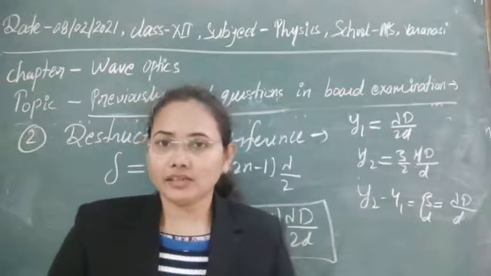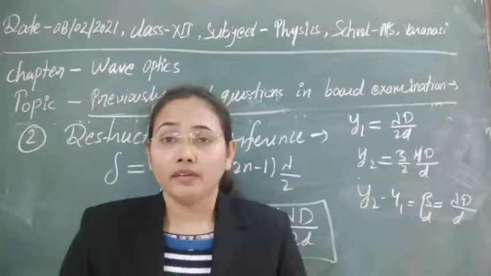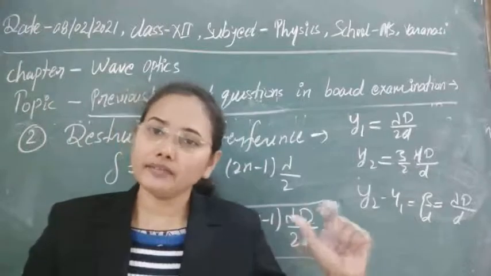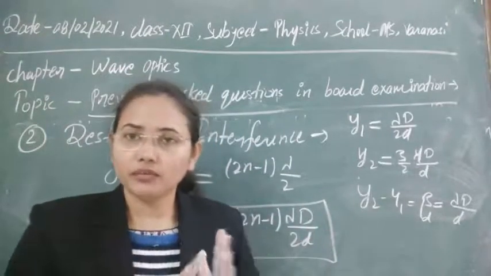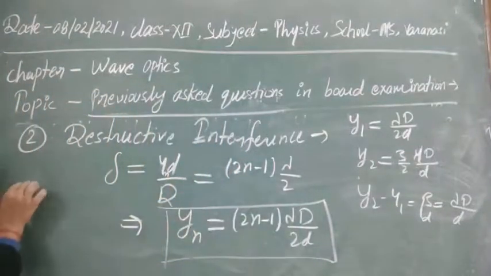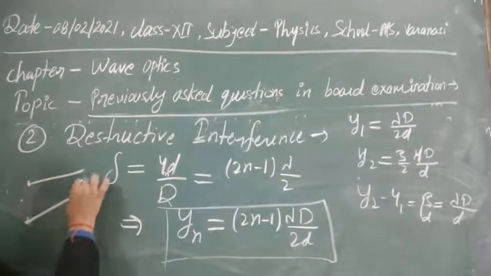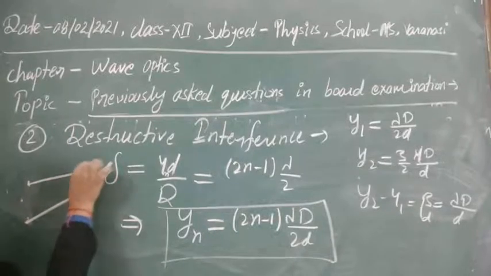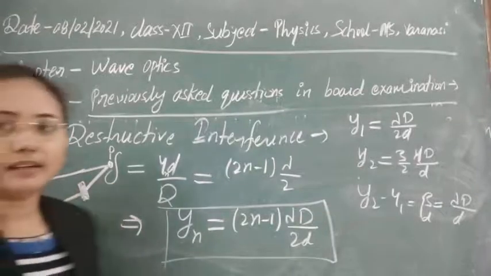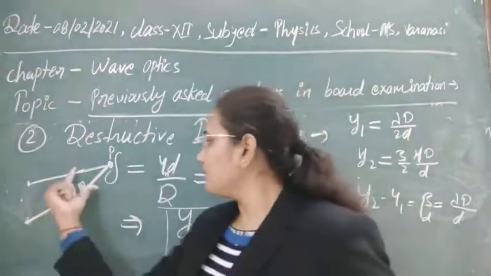In the case of diffraction of light waves, what diffraction is you already know. But before diffraction I just want to tell you one thing. Whenever we put any obstacle, suppose we have these two sources emitting light, and we put a glass plate in the path of the second light wave, and they are again interfering at this point P, then we have seen that an additional path difference of lambda by 2 arises in the interfering beam.